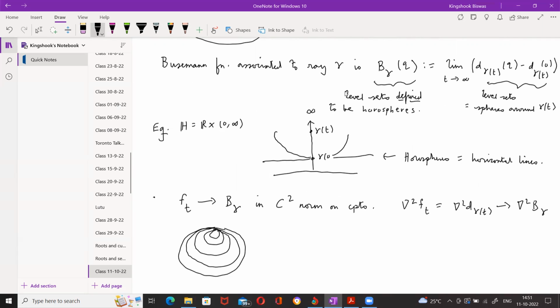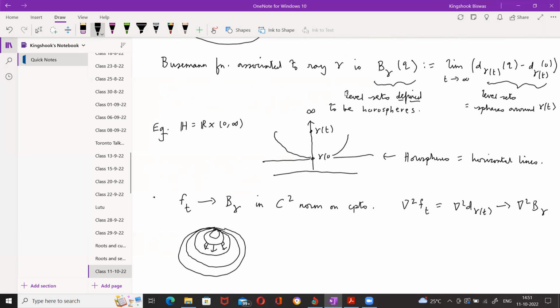The gradient vector field of the distance function was normal to the spheres. So when you pass to the limit, the gradient vector field of the Busemann function will be normal to the horospheres. Okay. So this is the unit normal to the horospheres.